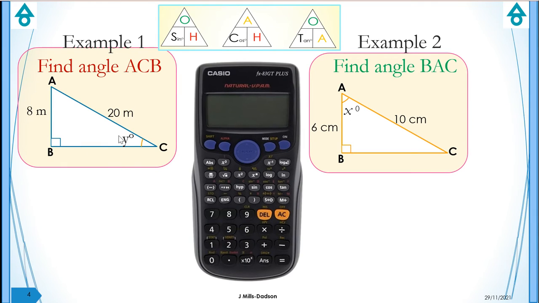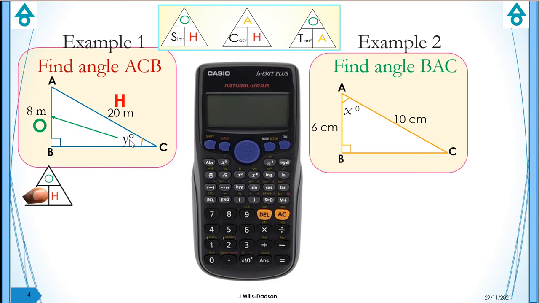Okay, example 1. We are supposed to work out angle y. So we start by labeling opposite, hypotenuse. So we check the triangle. We're going to use the sine triangle. Now we are looking for the angle. The angle represents the sine because it's sine of the angle. So we cover the angle sine.